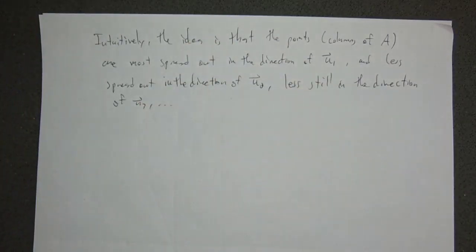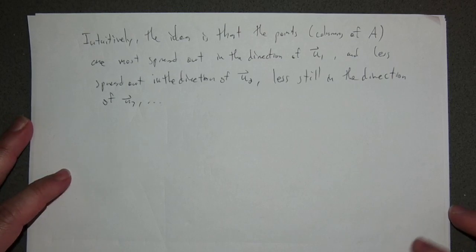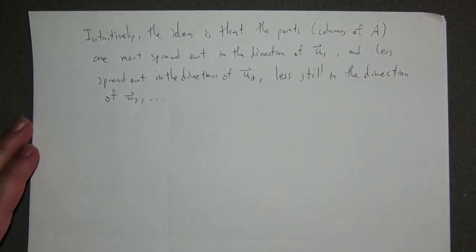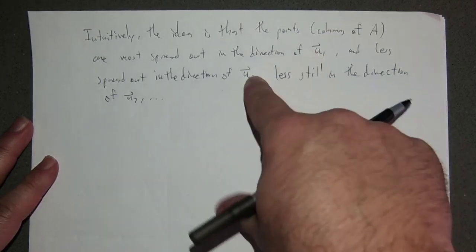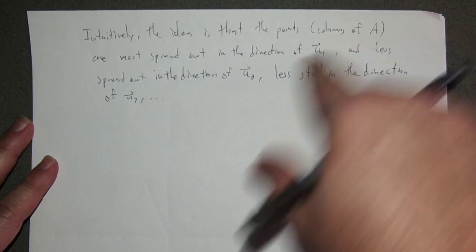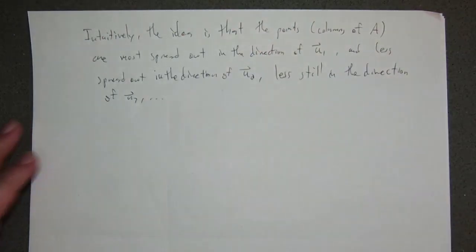Our example had only u sub 1 and u sub 2, but in general, for a different matrix A, if you've ordered the singular values correctly, so that u sub 1, u sub 2, u sub 3 are associated to the largest singular value, then the next largest, then the next largest, in that order, then this all makes sense. Okay.